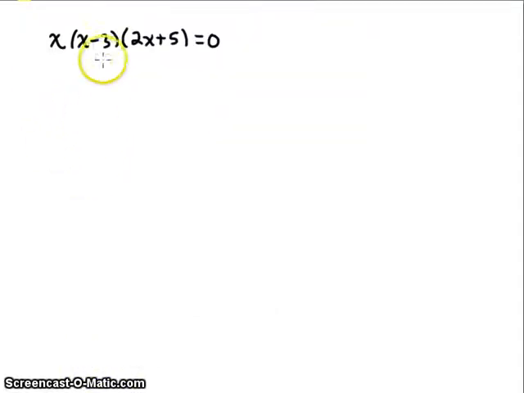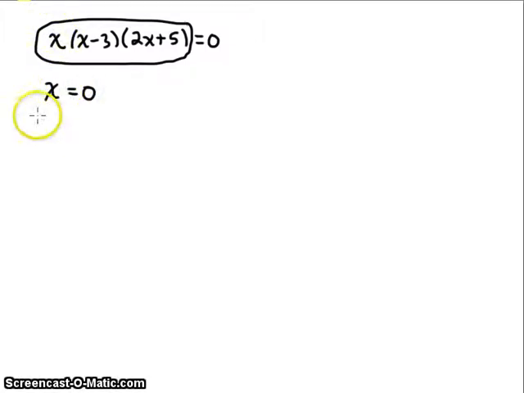Let's do one more quick example. Here's another polynomial. We've set this equal to 0, so we want to find the zeros of this polynomial right here. And so once again, we will look at three different things. We have x equals 0, so that one's already done. We have x minus 3 equals 0. If I add 3 to both sides, I get x equals 3.